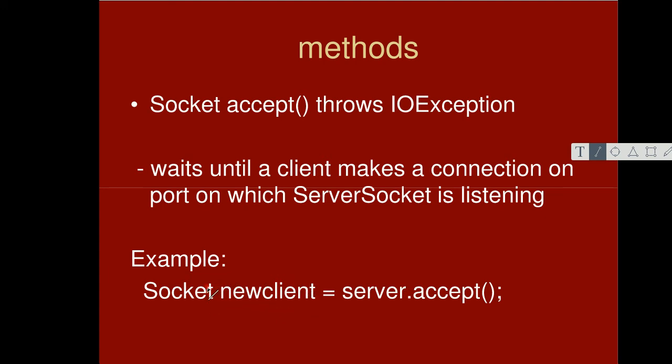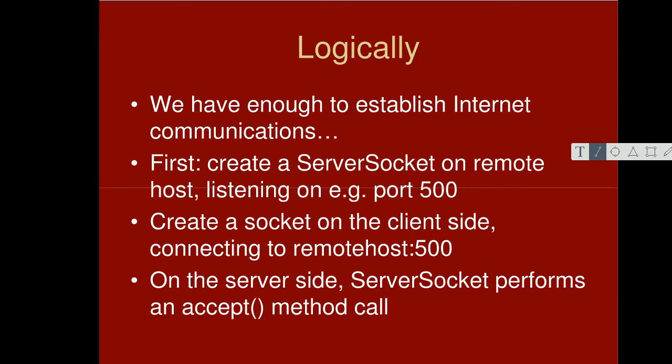And the socket is going to be newClient. Since newClient is a socket, you've identified the two streams, the input stream and output stream, relevant to this particular socket, on which you can then start communicating with your newfound client.